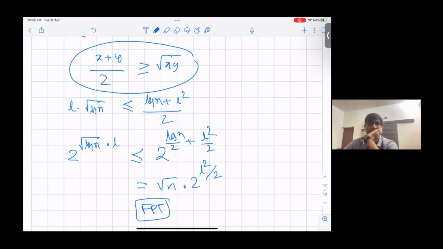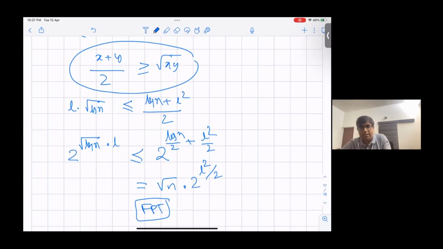But if it would have been log n, then it would have been log square n by 2. Do you understand? Is this fine or not?